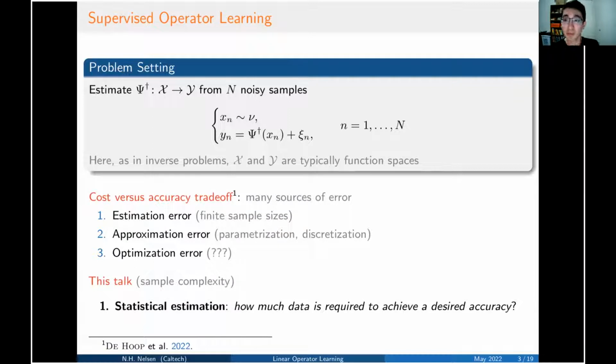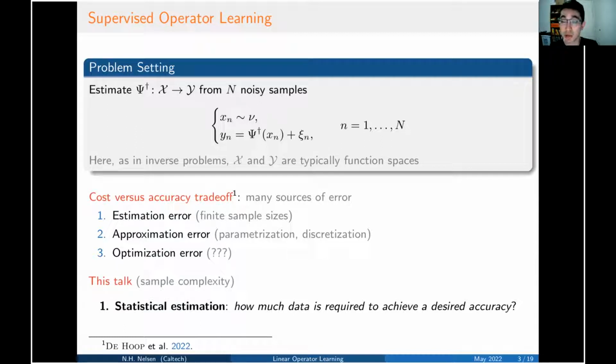That's the first one. Second, of course, is approximation error. So you might choose a class of neural networks to try to approximate this map psi dagger, or some sort of truncation of some sort of reduced basis or finite basis expansion. And you want to look at how the parameterization there, as that's refined, how the error gets better and better.